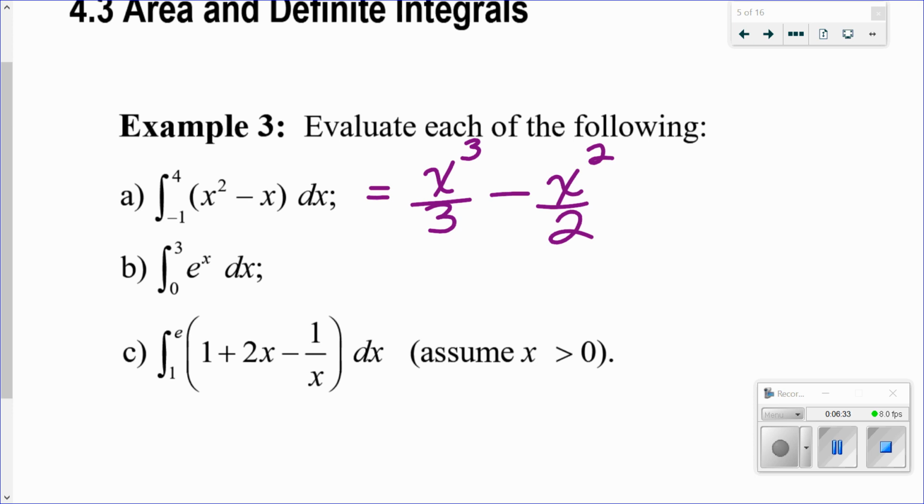And when I plug in 4, I get 13.33 minus, when I plug in, sorry, negative 1, excuse me, I get negative 0.833. Okay, that means we're going to add those two things together. So 13.33 plus 0.833, we should get 14.1.